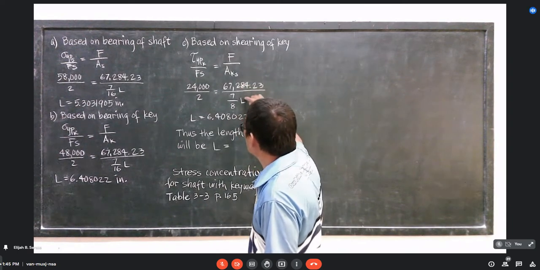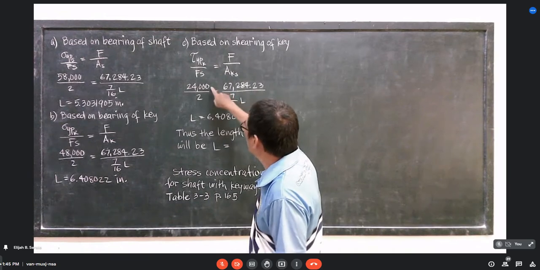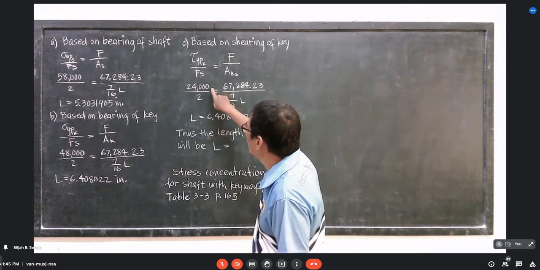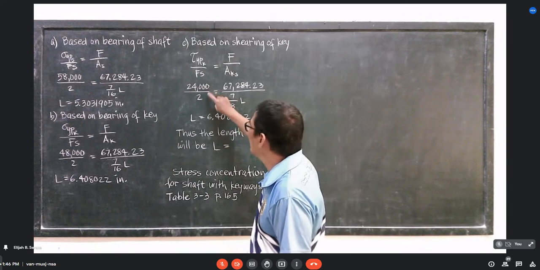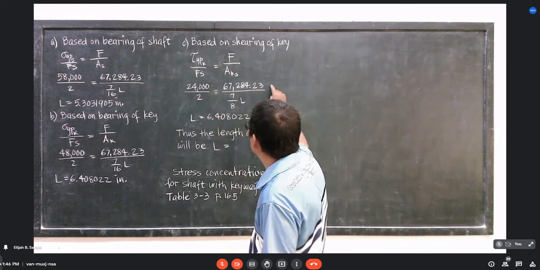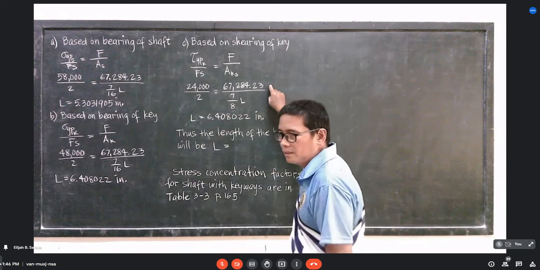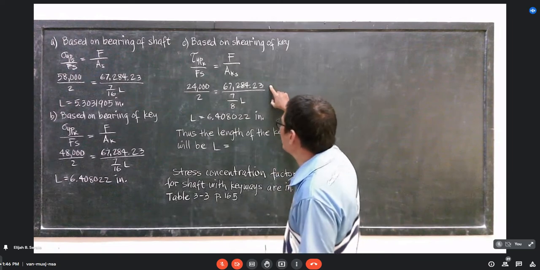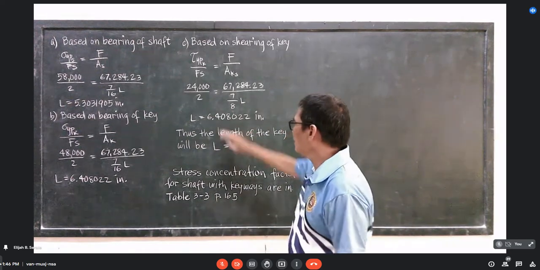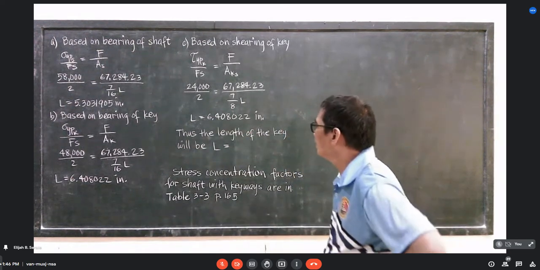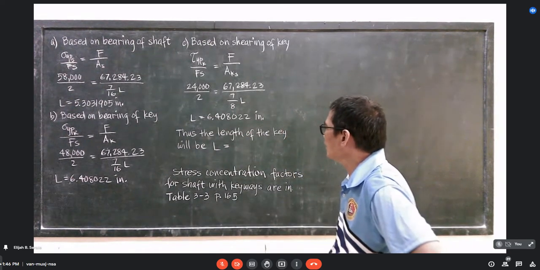And it is 78L. Our yield point of the key is 24,000. Factor of safety of 2. And then our force is 67,284.23. And we will get a length of 6.408022 inch.